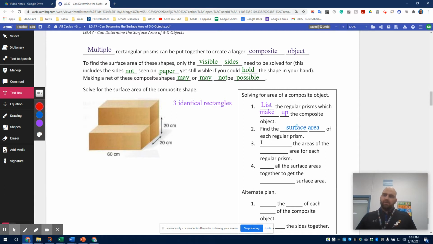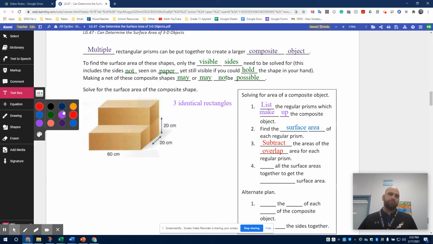At that point we subtract the areas of the overlap area for each prism. You'll notice that this top box here, if we think of it as a box, we don't see the bottom side to it. We're going to include it when we determine the surface area for it, but it's not included later on, so we're going to have to subtract those off.